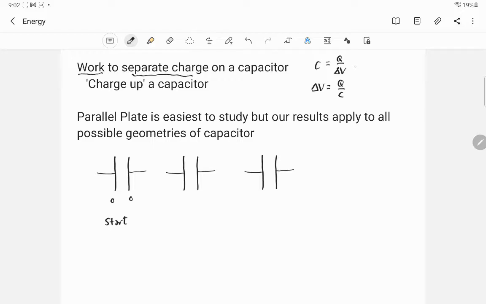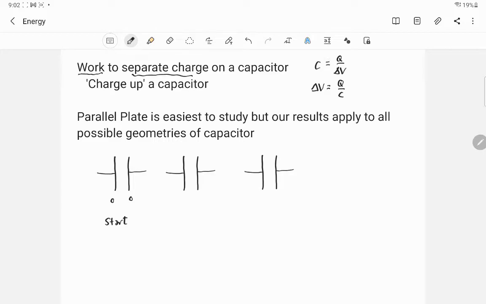So here are two relationships. They're actually the same relationship; one is just an algebra step away from the other. The definition of capacitance is the ratio of the charge separation Q to the potential difference across the capacitor.